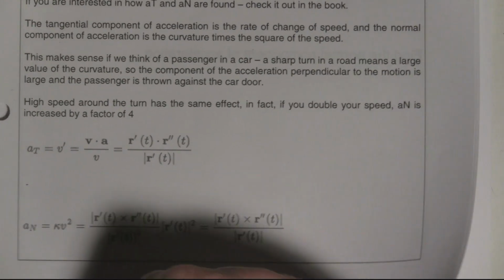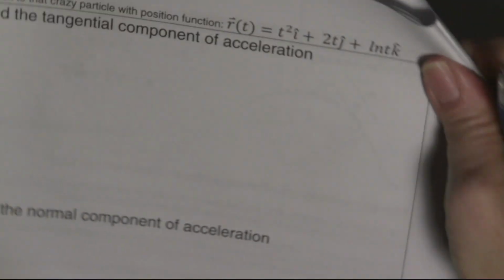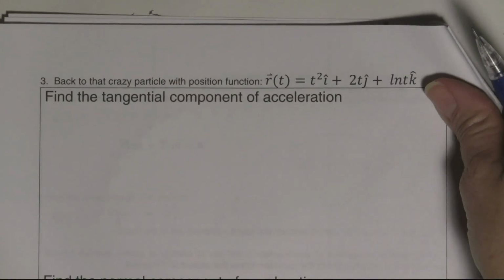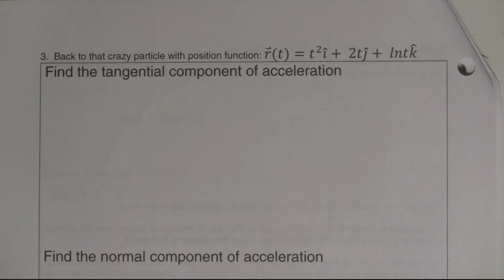And so we're going to do at least one problem here. An example problem, example 3 in my notes on page 28. So we have, oh, this is the same one, back to that crazy particle with this position function. And they're asking us to find the tangential component of the acceleration.